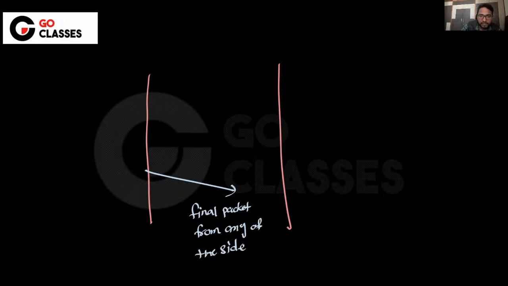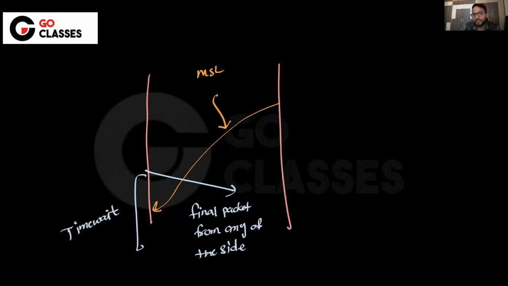Then you will start the time wait timer. You will not immediately release your resources. You will start the timer. Why? Maybe some packet has been delayed and wants to come to me. That's why you are starting the timer. Now the thing is that a packet can survive in the network for MSL only.